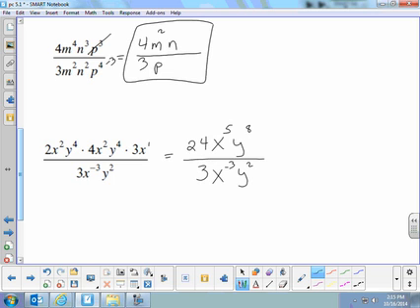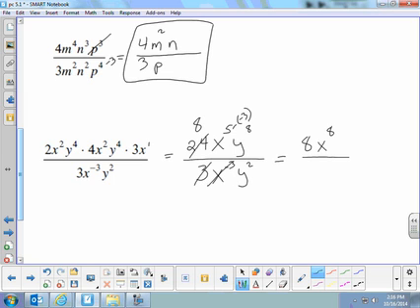Now I can go ahead. It's already starting to look a little better. I'm going to go ahead. 24 over 3 is going to simplify to 8. Now I'm going to look at my x's. Looks like I have more of them on top, so I'm going to minus that negative 3. Be very careful of your signs here. 5 minus negative 3 is 8.